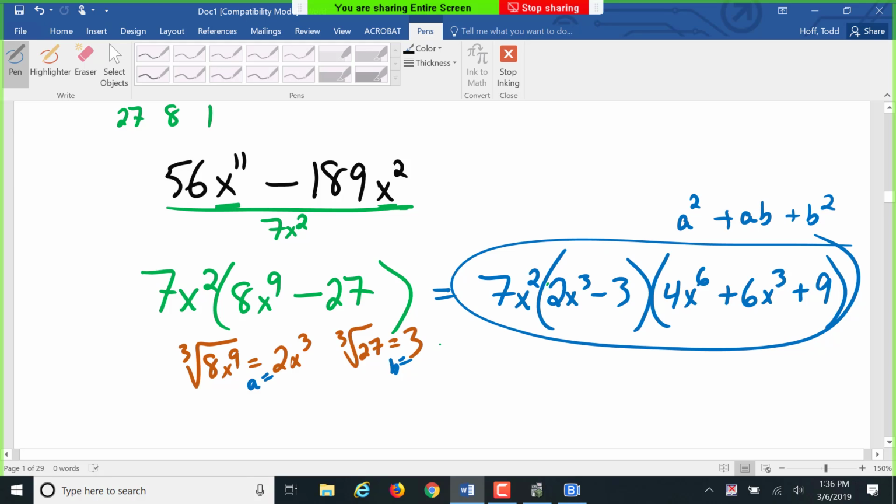I would recommend that somewhere in your notebook you make a formula sheet with these: the difference of perfect cubes, sum of perfect cubes, the difference of perfect squares, the perfect square trinomials, so that you have it. I usually tell people to pick the last page of your notebook or the inside of the back cover so you can find them quickly, because I don't expect you to memorize the formulas.